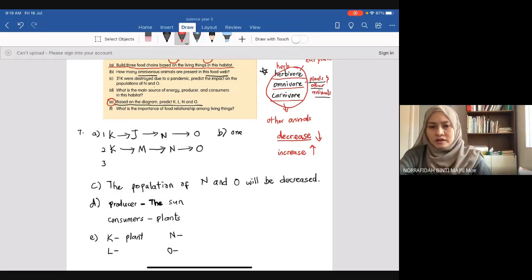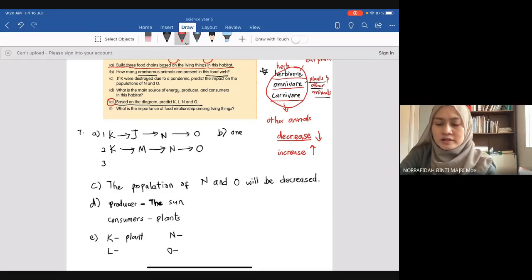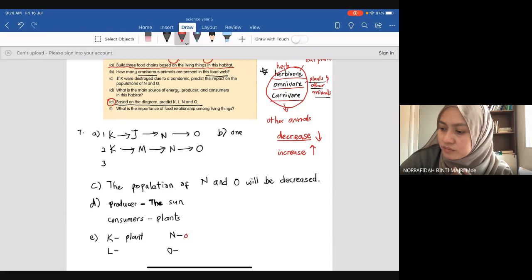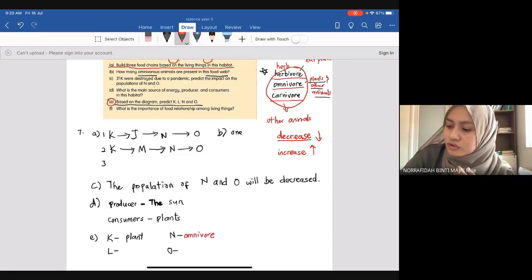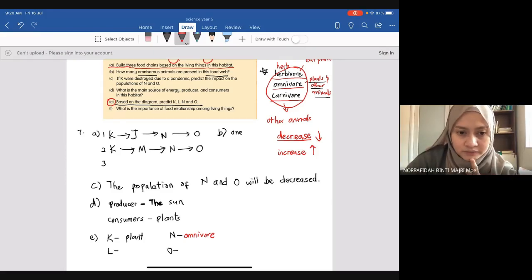Just now you say N is omnivore, right? Yes. N is omnivore. So N here you write down omnivore. So you predict L and O. You do yourself, okay?